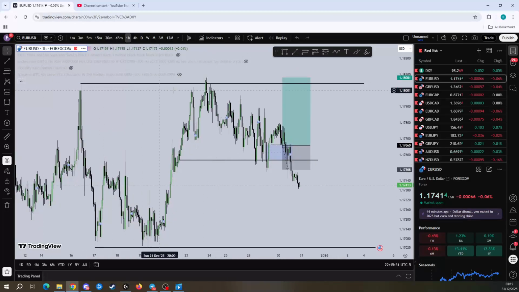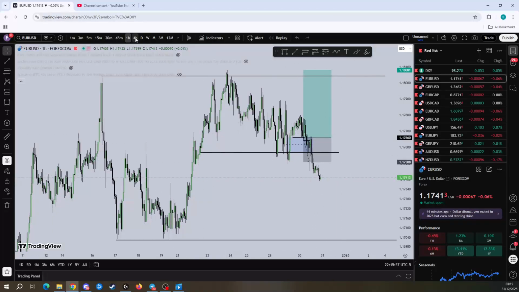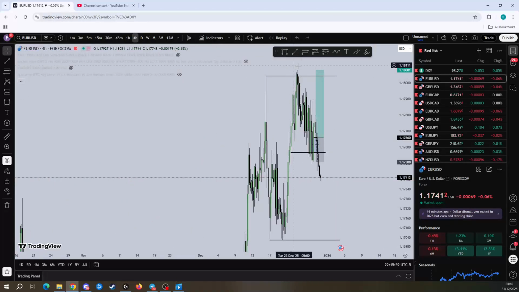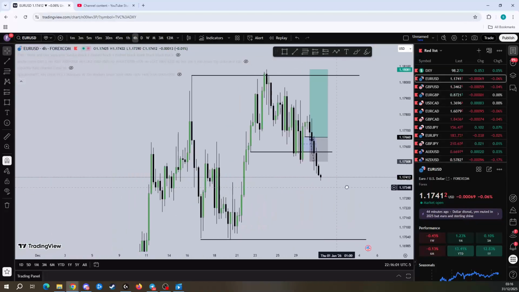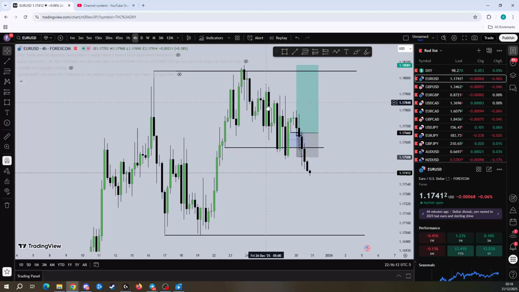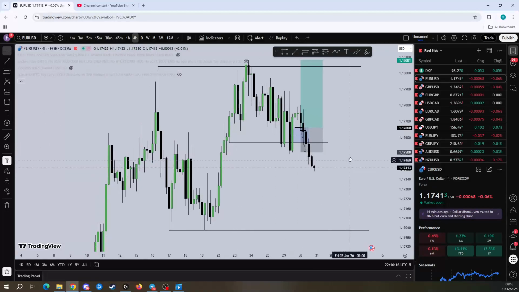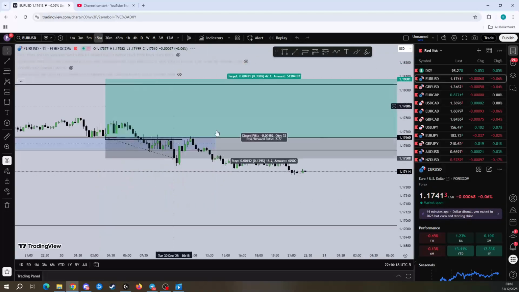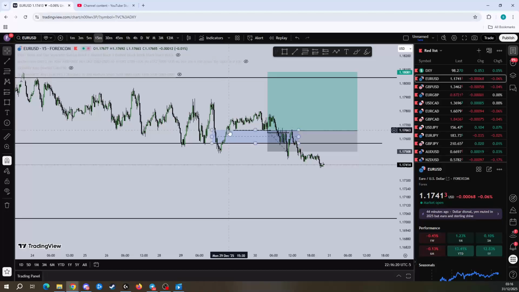If this were low resistance liquidity, like if we had a bunch of equal highs, then this probably would have been a more viable trade, but that was already bad enough. And secondly, we haven't confirmed our bullish structure yet. We're still making lower highs, order flow is still bearish on the 4 hour, and we had this sweep, this deviation. So it probably would have been safer to wait for lower time frame confirmation here.